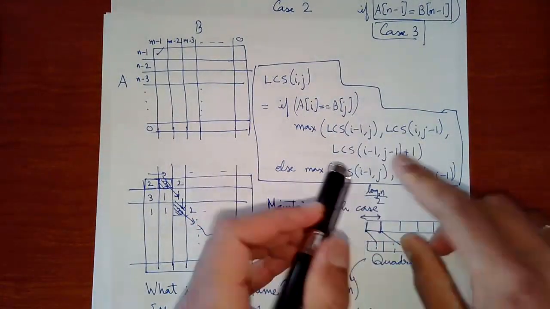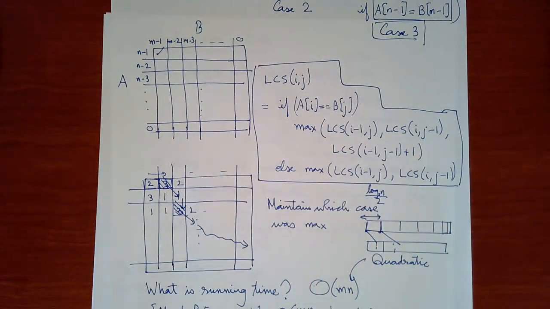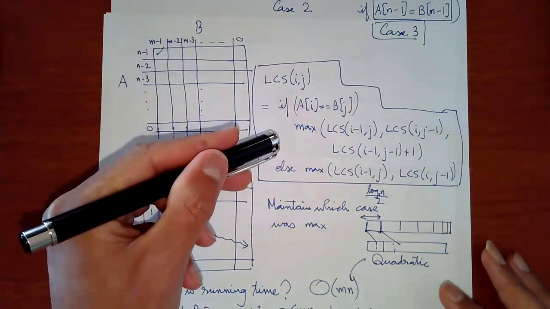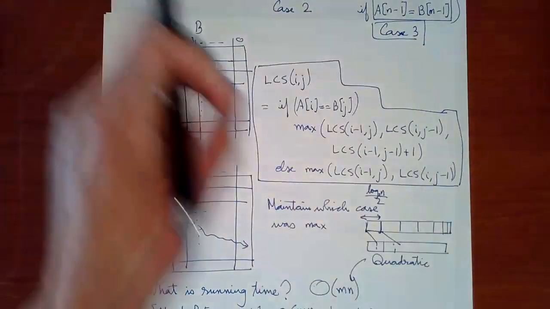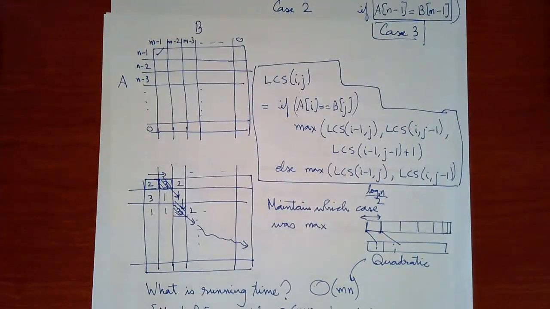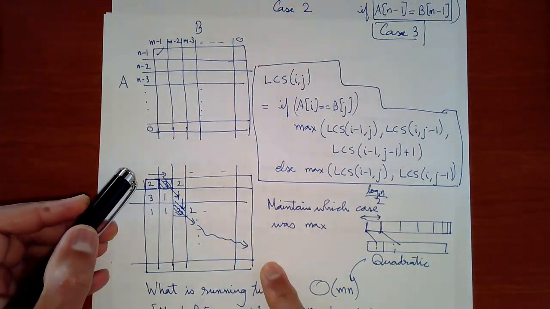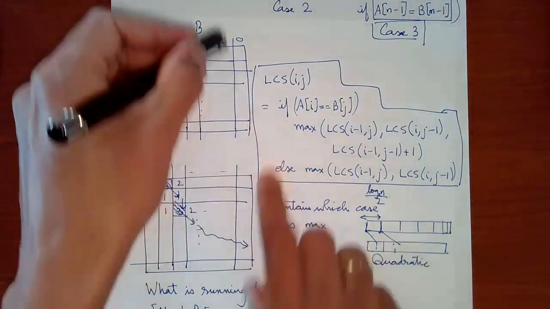You're maximizing over something with some weight. So you can think of it as constructing a DAG over all the problems, and you're optimizing over paths in the DAG. And this ordering that you choose, the ordering of filling the table, is really a reverse topological ordering.